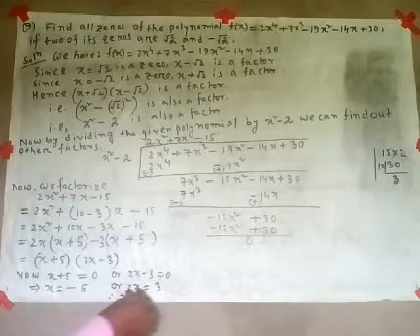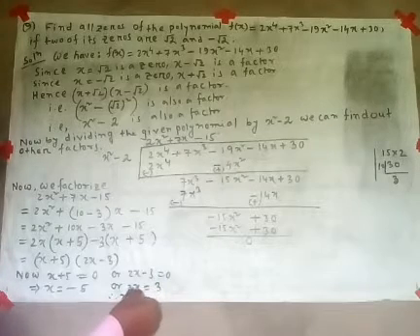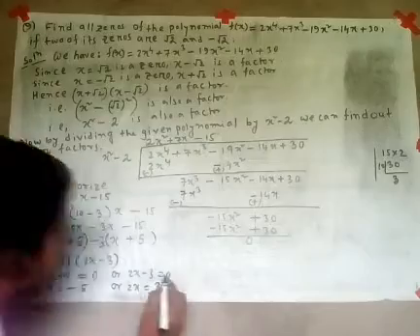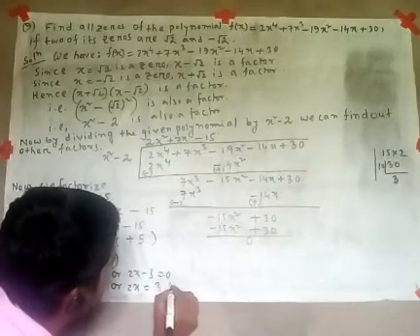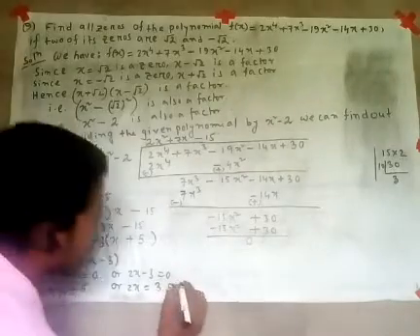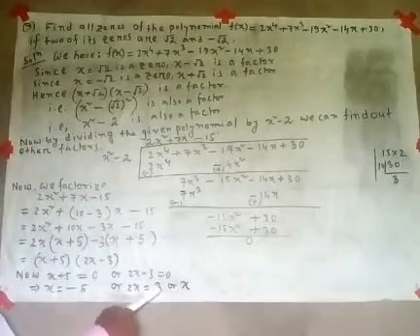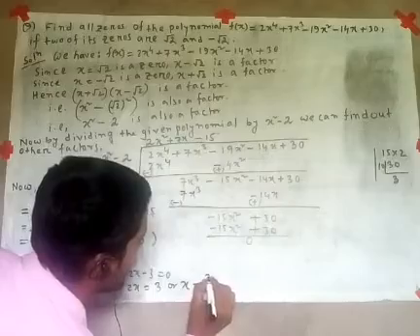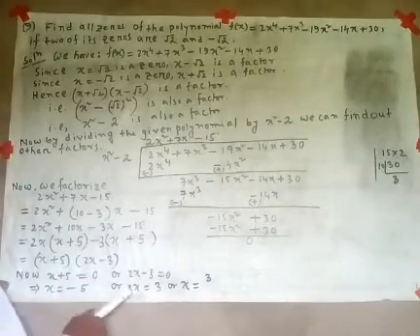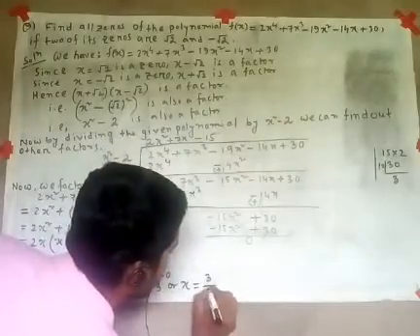Or we can write 2x equal to 3. Now x equal to 3, and this 2 will come down like that.